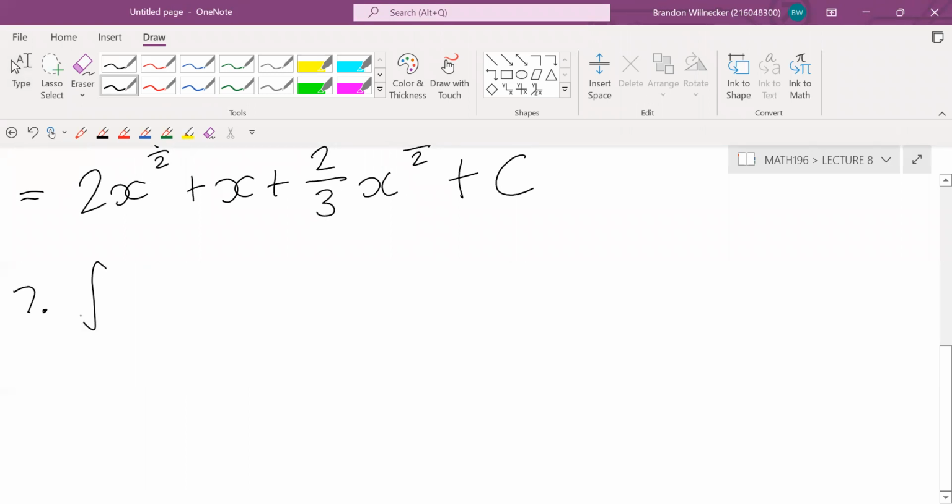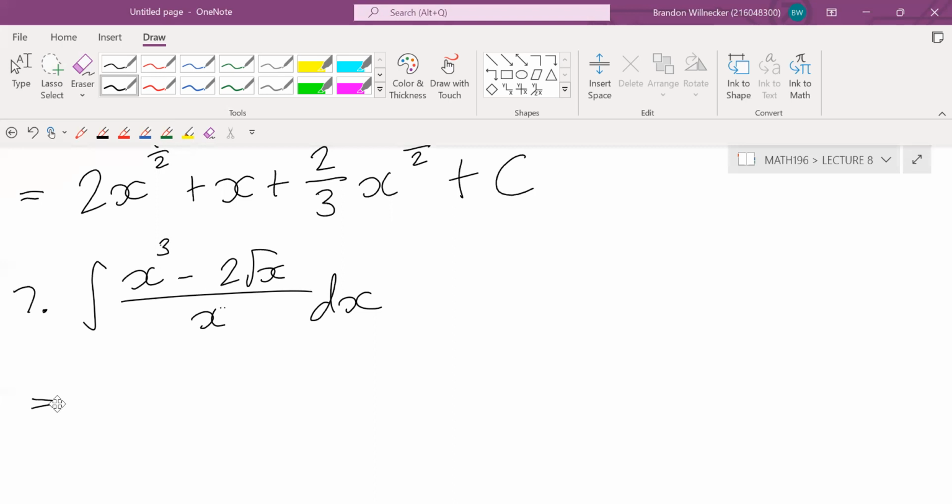So we have the integral of x cubed minus 2 root x, all over x, dx. So this is very similar to the one we just worked on. It looks like a complicated fraction, but we can separate everything out and write it using some powers.